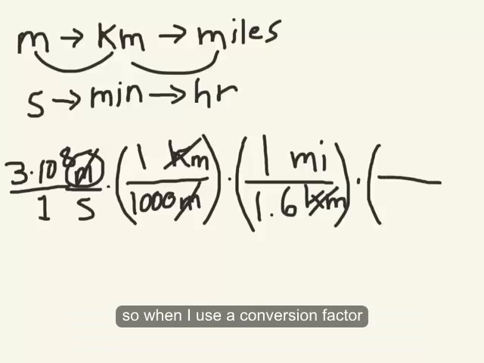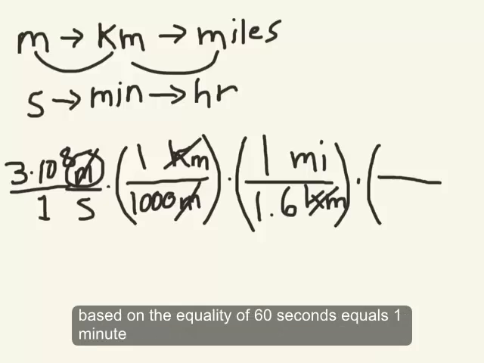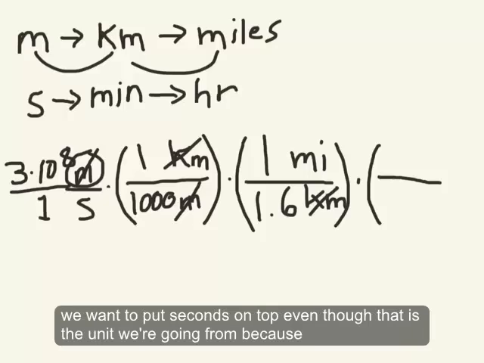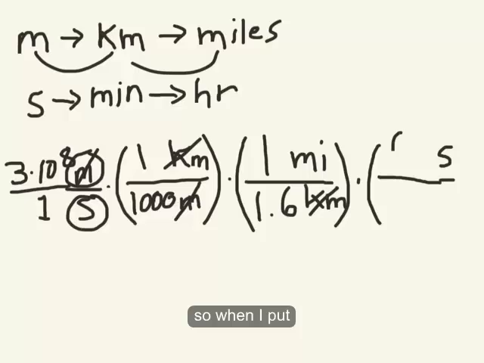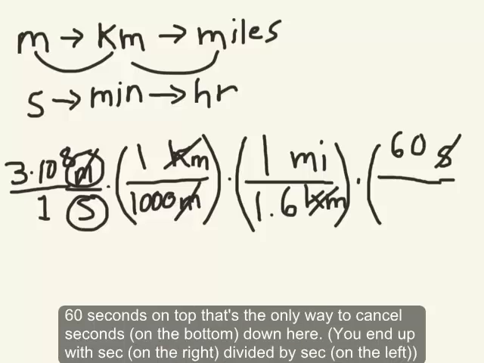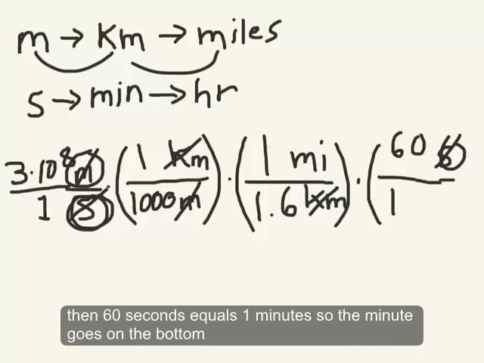So when I use a conversion factor based on the equality of 60 seconds equals 1 minute, we want to put seconds on top, even though that's the unit we're going from, because it's already on the bottom over here. So when I put 60 seconds on top, that's the only way to cancel seconds divided by seconds down here. And then 60 seconds equals 1 minute, so the minute goes on the bottom.